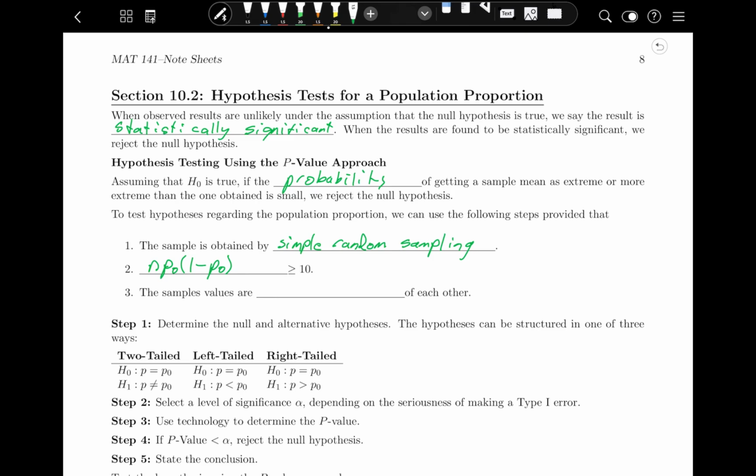And the sample values need to be independent of each other, which, remember, we can show by showing that n is less than or equal to 5% of the population, so less than or equal to 0.05 times capital N. So assuming those things are true, then we can do the following steps.